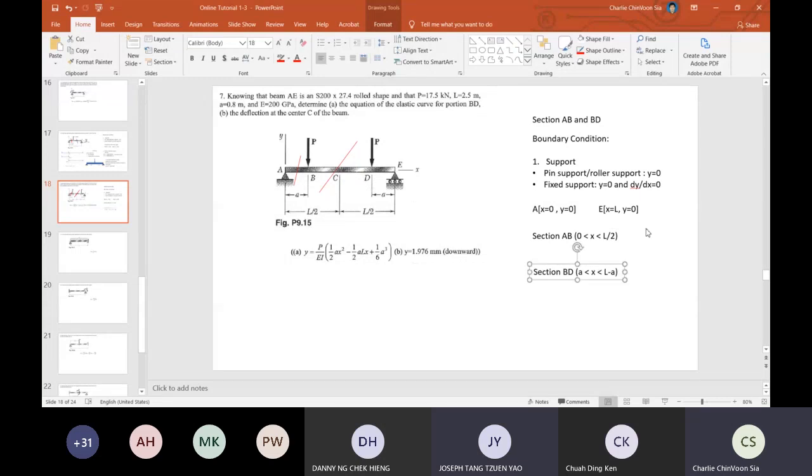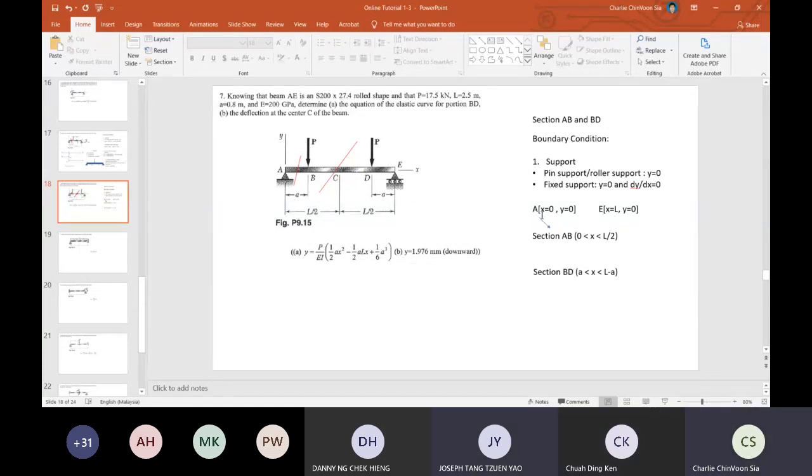So if you look at the boundary conditions that we obtain from the support, A belongs to which section? If you want to substitute into the equations, AB. Okay, A is valid only for AB. You cannot substitute A into section AB and section BD.